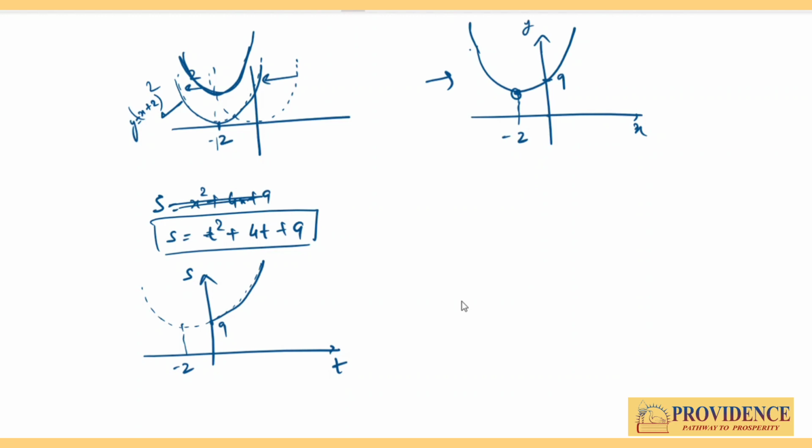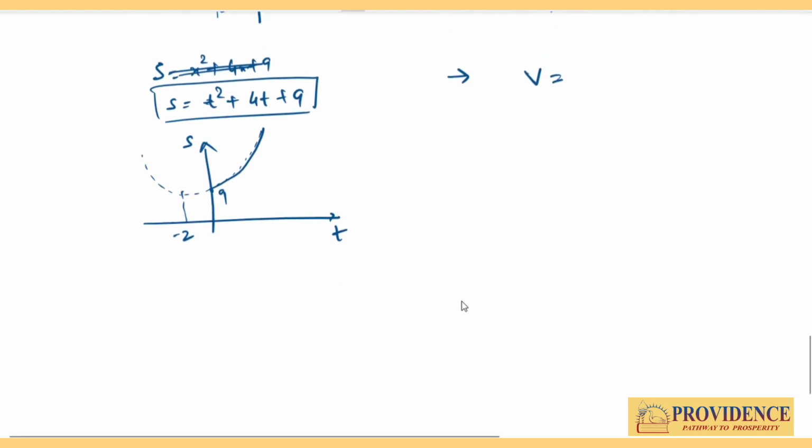Okay, similarly if we had a graph like this, say velocity is given as, let us take another example. Now very often we come across relations of the form y equals to root x. The general graph is given like this.